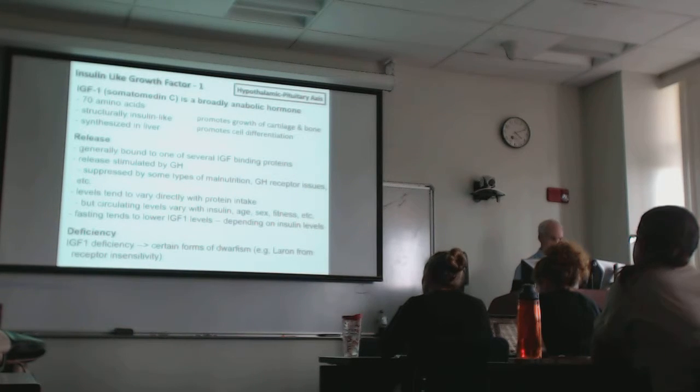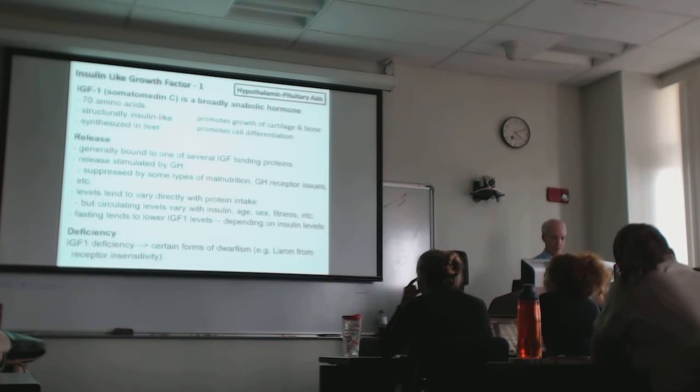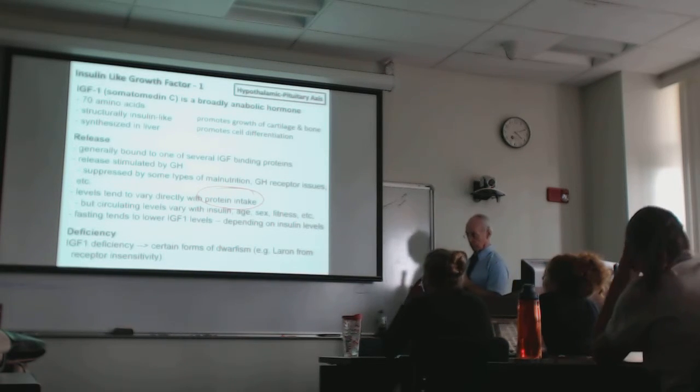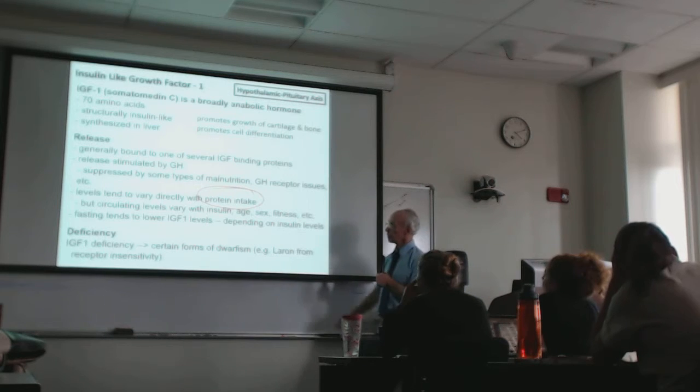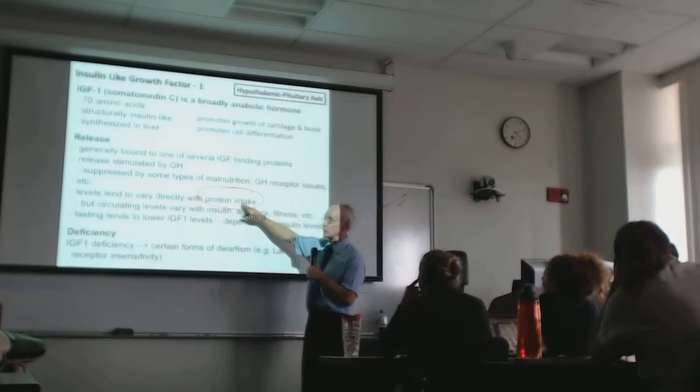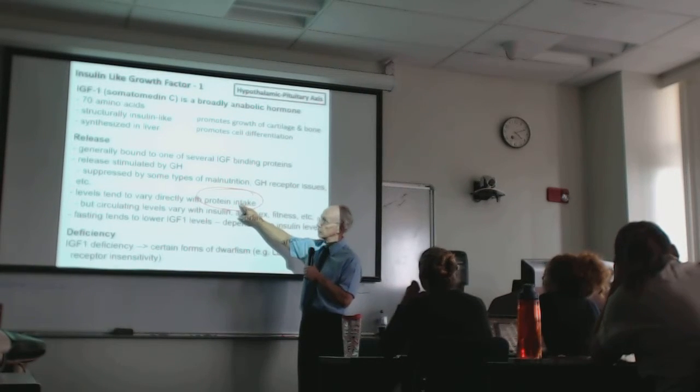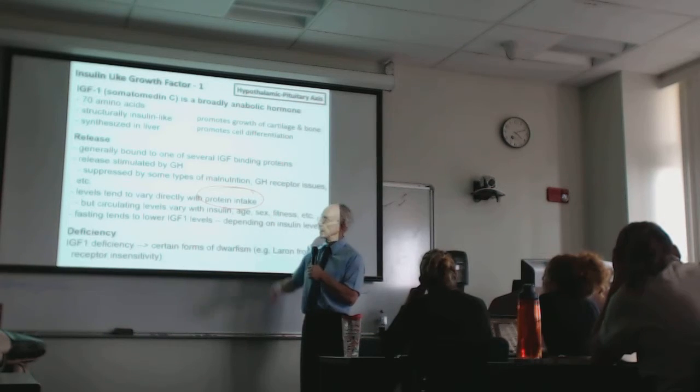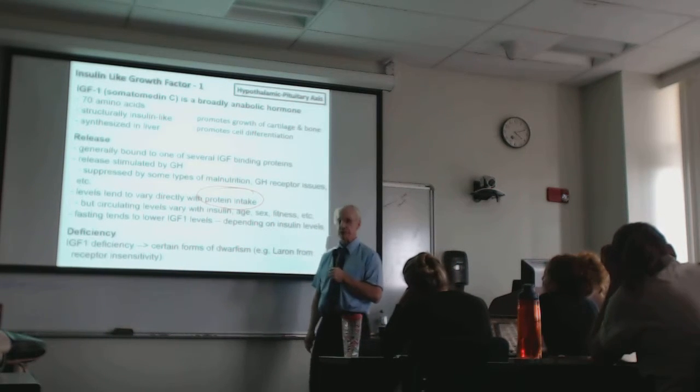Now, in your clinical literature, you're going to read, and this is going to be very important when you study the growth hormone IGF axis, that levels tend to vary directly with protein intake. So what does that mean? Somebody state that in simpler terms. The more protein you eat, what should happen to IGF levels? They should go up. But in reality, that doesn't happen.